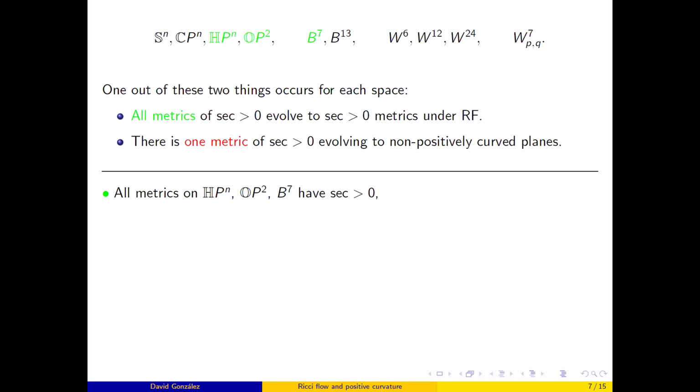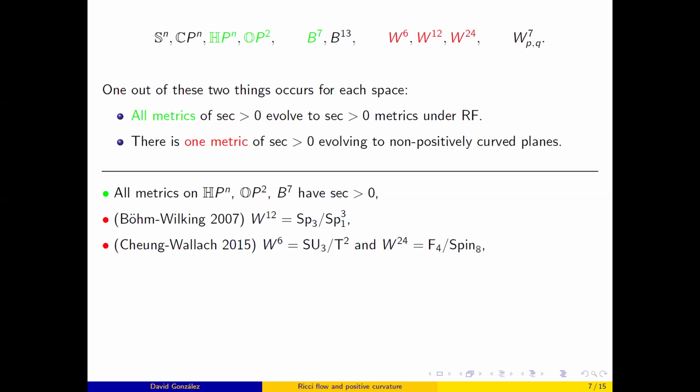This belongs to the green class. Now, Böhm and Wilking, almost 20 years ago, found metrics on the 12-dimensional Wallach space where you start with positive curvature and then you lose this property along the flow. So this was the very first example.